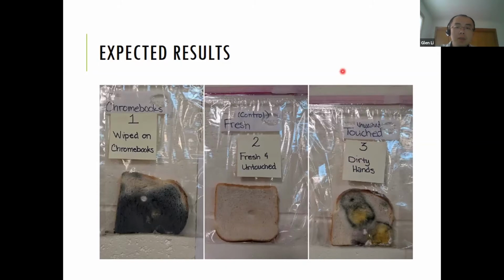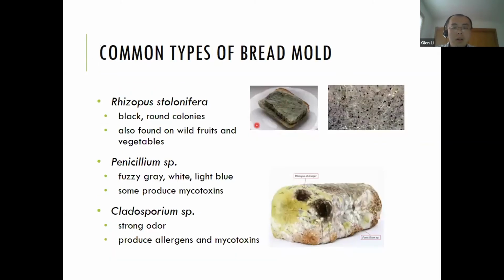Just a little bit more on fungal microbiology. So there are many types of molds that can grow on the surface of breads. I'm just listing three here because they're the most common ones.